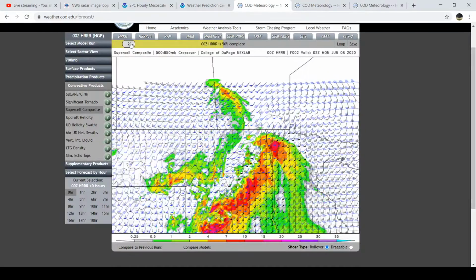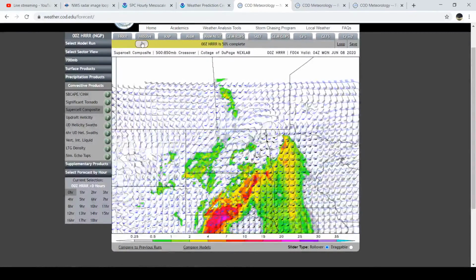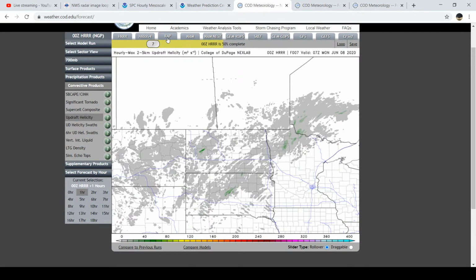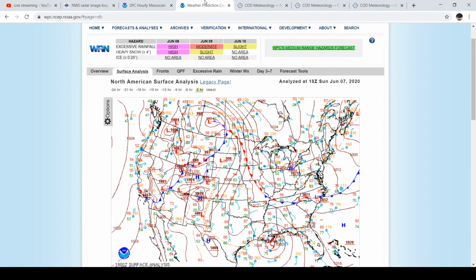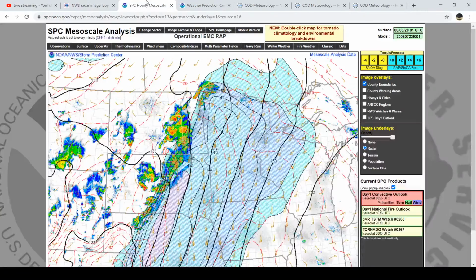See what it does with the supercell composite. It weakens dramatically. Probably going to suspect these storms to weaken fairly quickly.